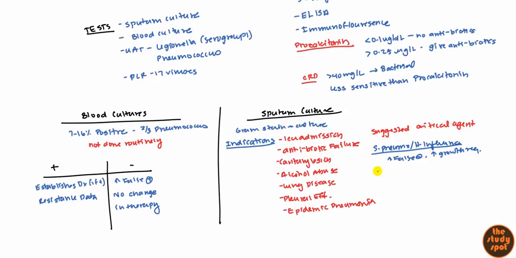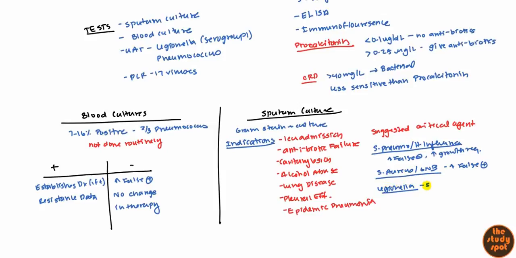So it's less likely that they'll grow. So they might be there, but because the growth requirement isn't met, they won't grow, and so then you'll get this false negative. Staph aureus and gram-negative bacteria actually have a high false positive, and that's just because Staph aureus is a normal commensal, so you might grow it, you might think they have it, but actually they don't.